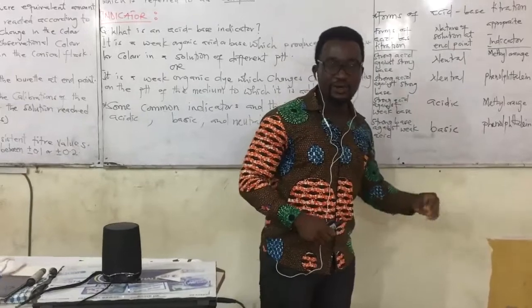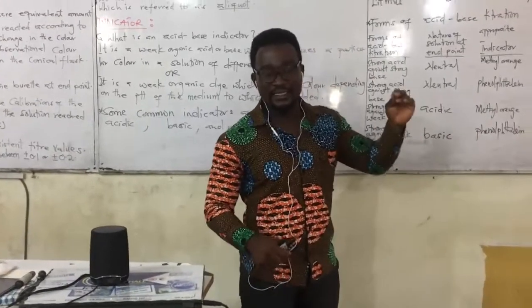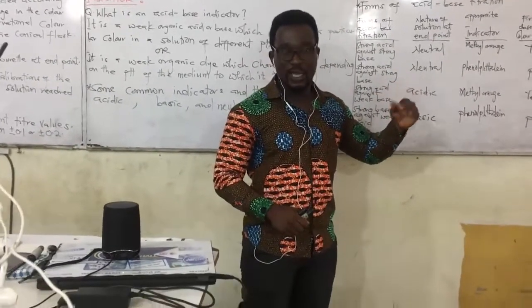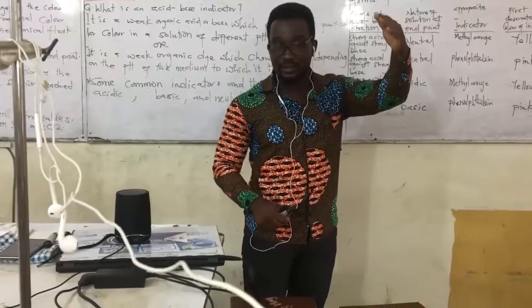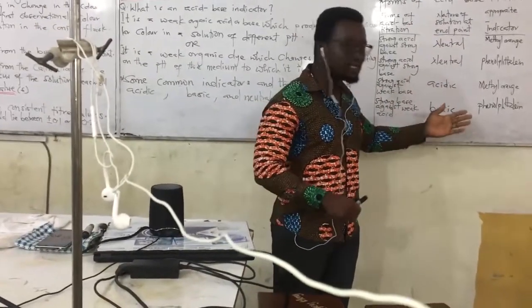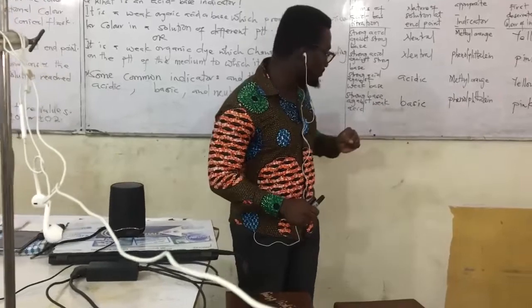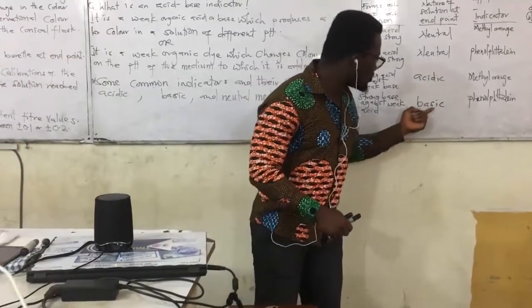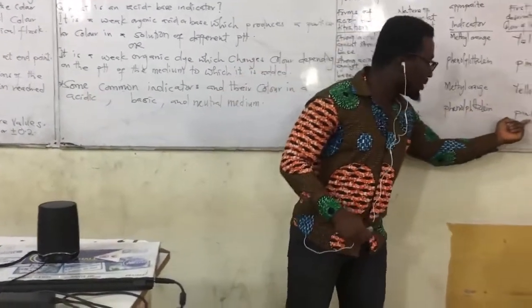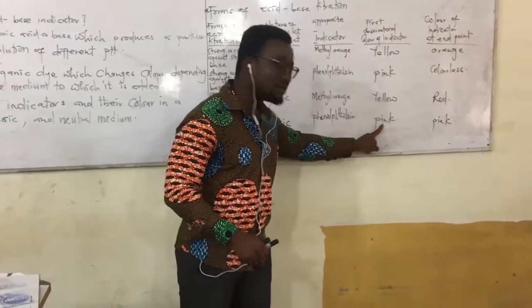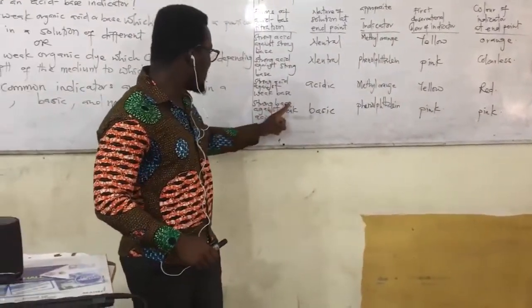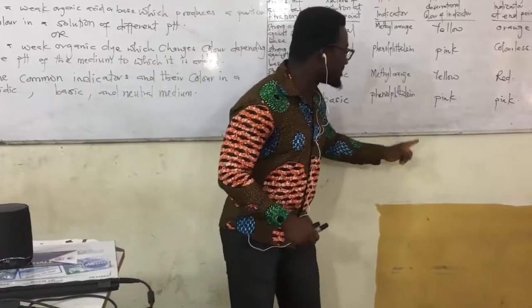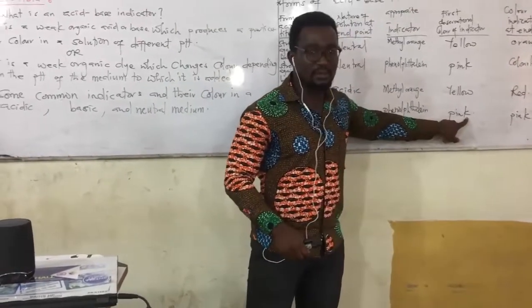Phenolphthalein itself has a pH range from 8.3 to 10, so it will function very well in a basic medium. I told you that the first observational color in a strong base will be deep pink.